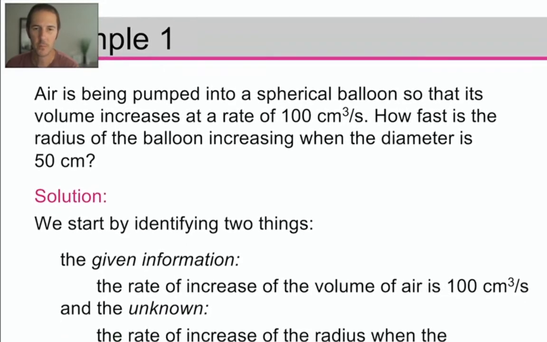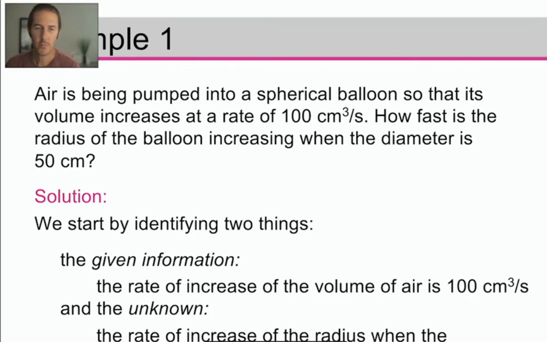So in this example, air is being pumped into a spherical balloon so that its volume is increasing at a rate of, so they're giving us dV/dt, the rate of change of volume with respect to time, 100 cubic centimeters per second. How fast is the radius of the balloon increasing when the diameter is 50?